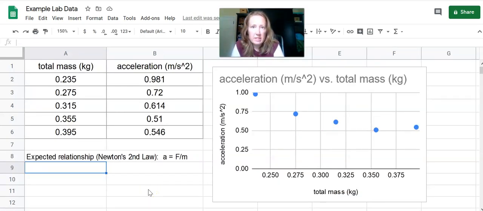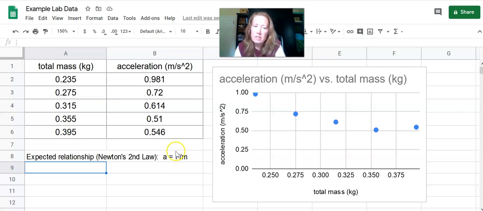Okay, here's another example where we are going to linearize a relationship to find a constant. So in this experiment, my students studied the relationship between acceleration and the total mass of an object, and they changed the mass on purpose, but they kept this variable force the same the entire time.